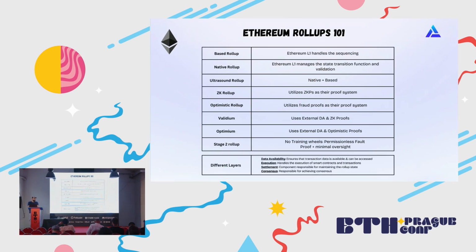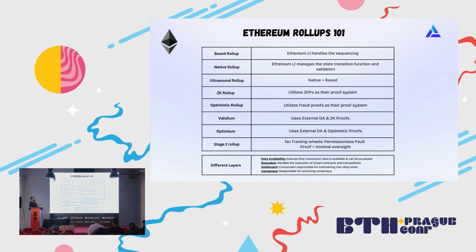So we only have like 10 minutes left. So I just want to make sure that I shout out all the terminologies that are available right now. Based rollups is a new concept by Justin Drake, a researcher at Ethereum Foundation. It is a network where the base layer, which is the L1, Ethereum, is in charge of the sequencing of the transactions.